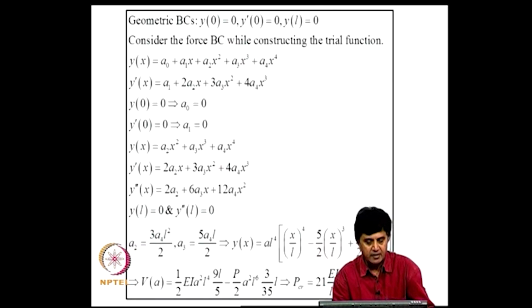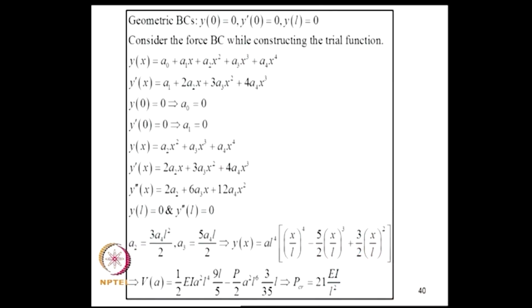Now, on the other hand, if I consider the force boundary condition also while constructing the trial function, I will now assume a fourth order polynomial for y of x. Four of these constants I will evaluate by imposing the four boundary conditions, and the fifth one will be treated as the generalized coordinate.